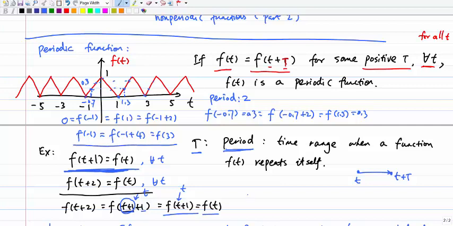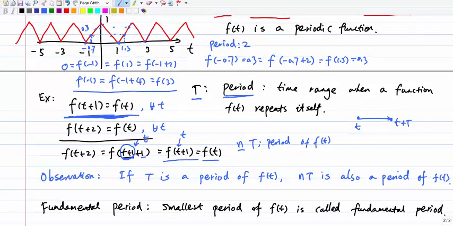So for a period T, any positive integer multiple nT is also a period of f(t). Observation: if T is a period of f(t), nT is also a period of f(t), where n is any positive integer.